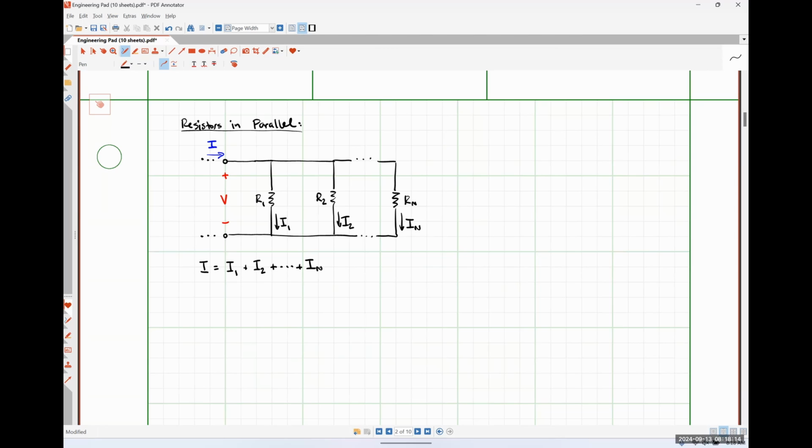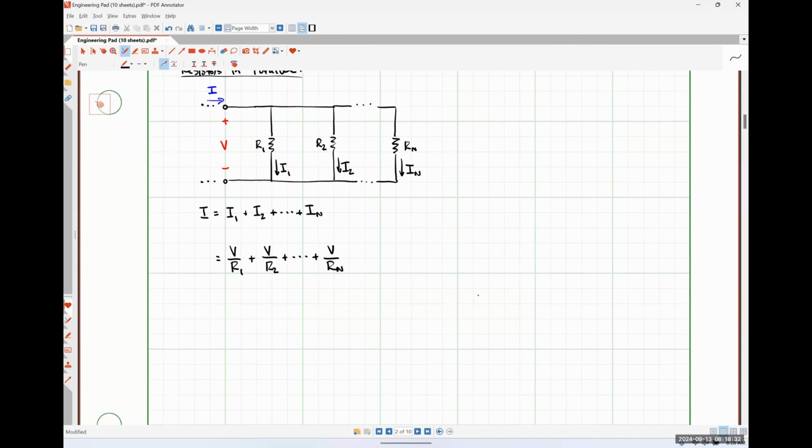Using Ohm's law, we can express all of those resistor currents in terms of that common voltage V. So that's going to look like V divided by R1 plus V divided by R2 all the way out to V divided by R sub n. And we now have a common factor of V in all of our numerators that we can pull out. So that's going to look like V multiplied by 1 over R1 plus 1 over R2 plus all the way out to 1 over R sub n.